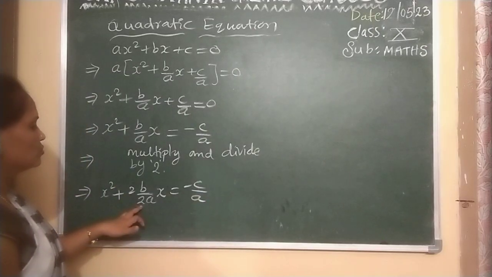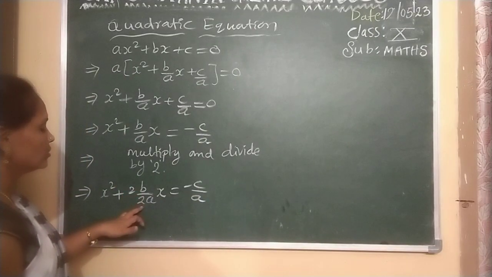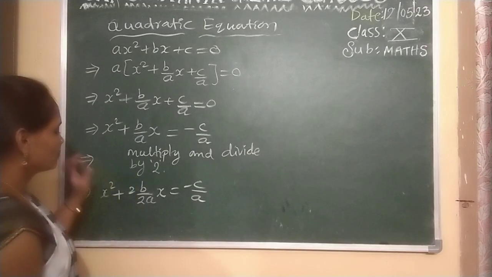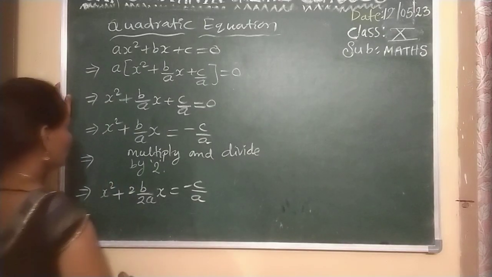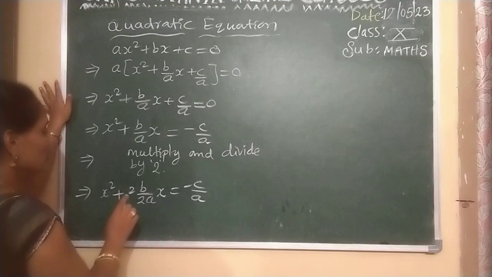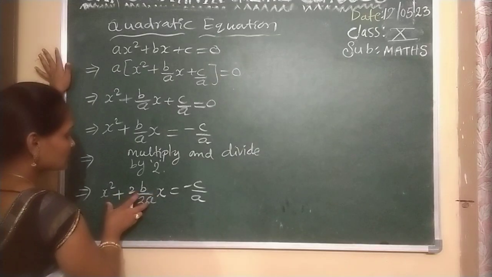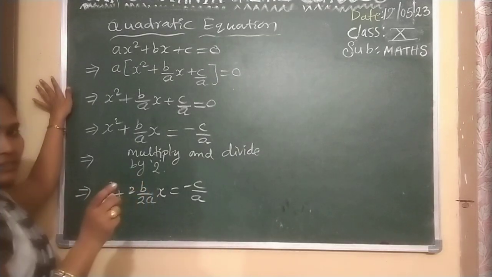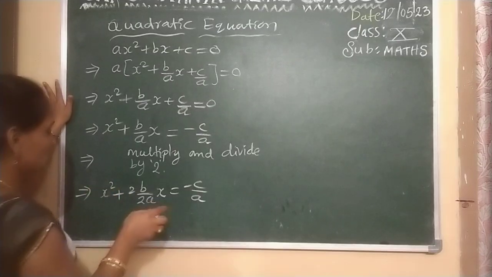Now see, 2 by 2 means we have multiplied and divided for this term. Now after this, for this term you can add and subtract b square by 4a square.